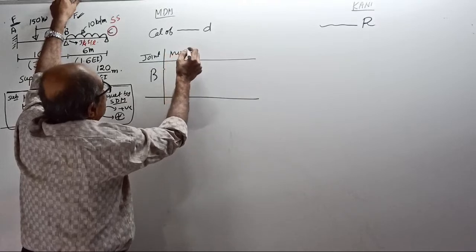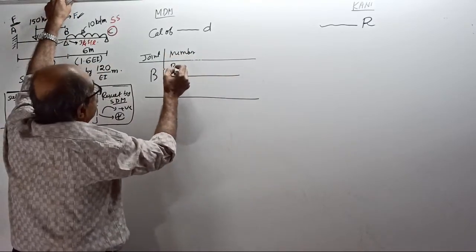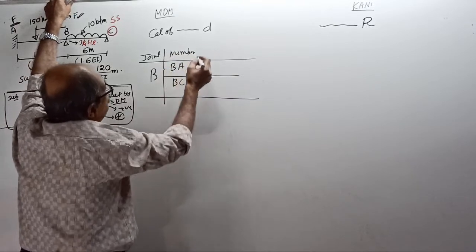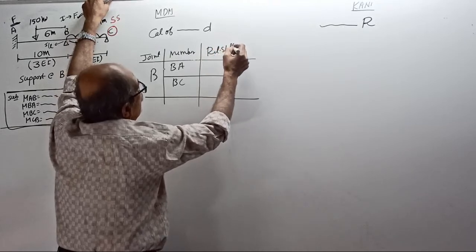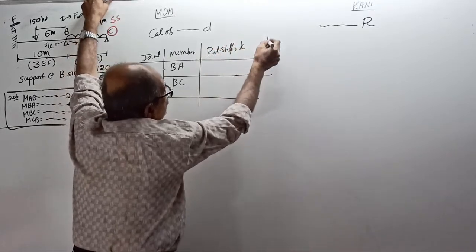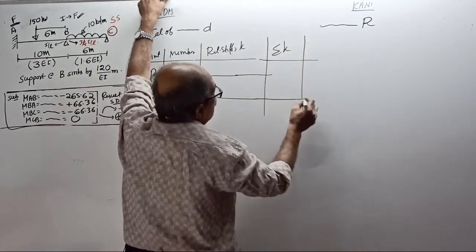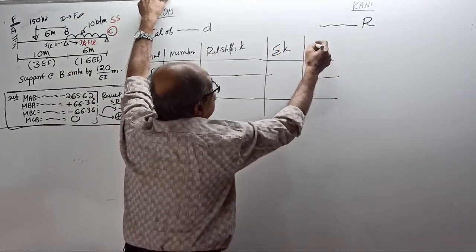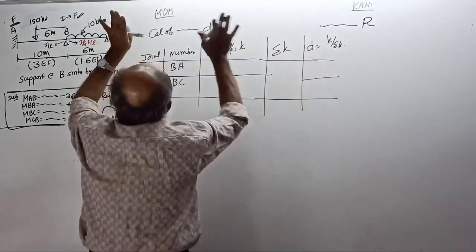Members: 2 members are there at B, left side is BA, right side is BC. Right? Relative stiffness K. Then you write sigma K. Then lastly, distribution factor equals K by sigma K. This is for MD method.